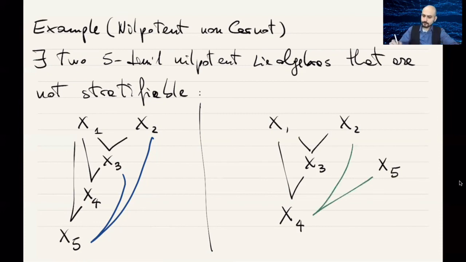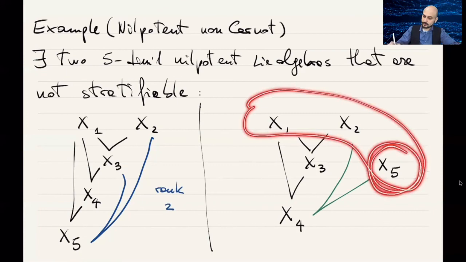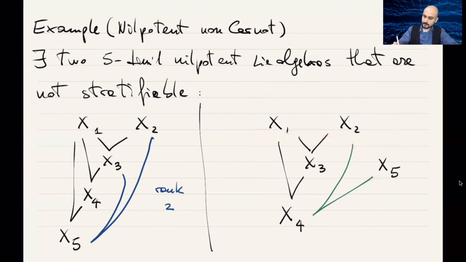So as you see, the first one had rank 2. Instead, this other one has rank 3. Now this is not in the commutator, right? So you can try to solve the exercise and prove that these do not admit any stratification.